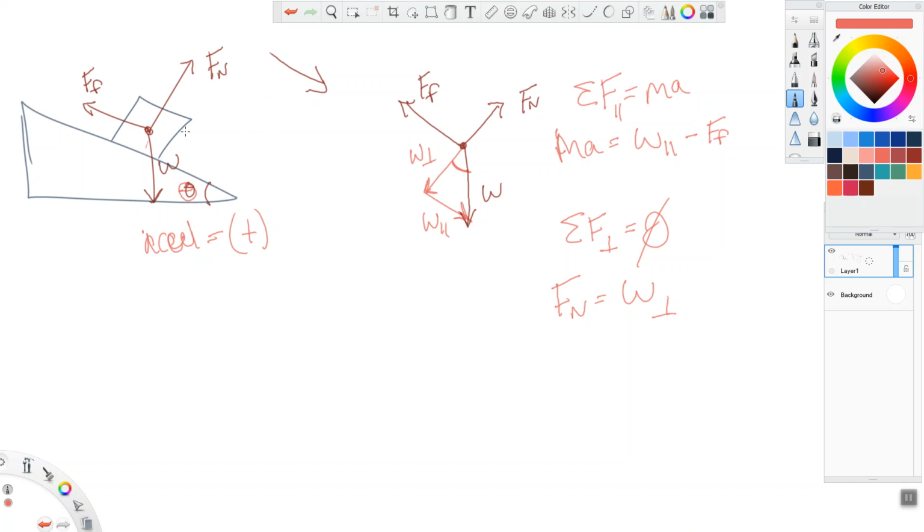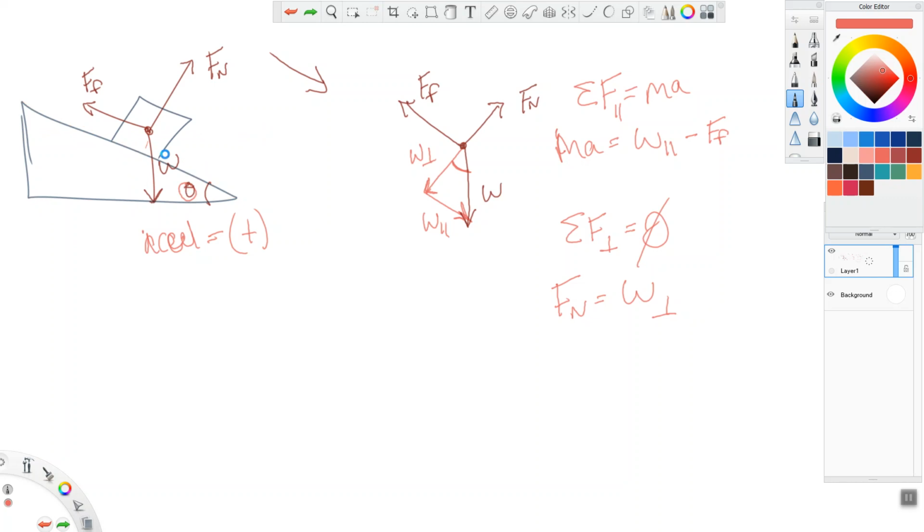If I have two lines that are parallel to a line that is perpendicular, and we called this line 1 and this line 2, then if these two lines are parallel to this intersecting line, this angle right here would be equal to this angle on the inside.